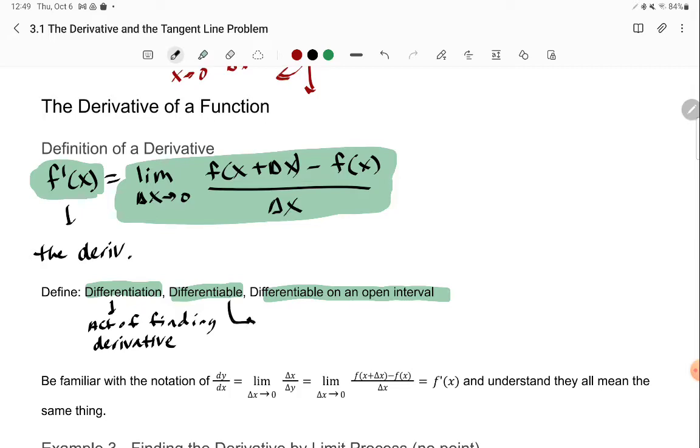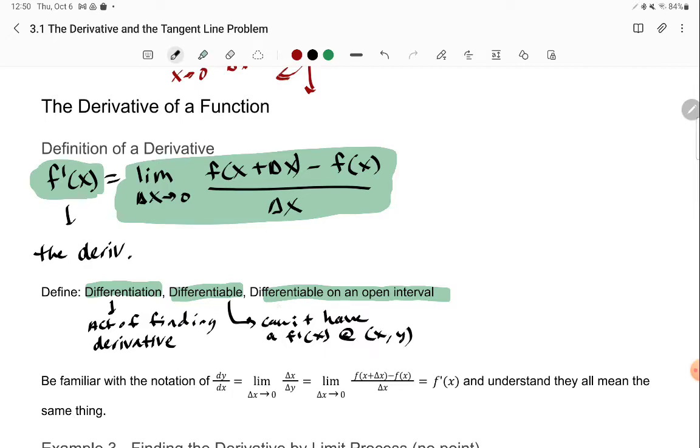Differentiable is whether or not a function can have a derivative at that point. So can it have a derivative at some point x, okay?